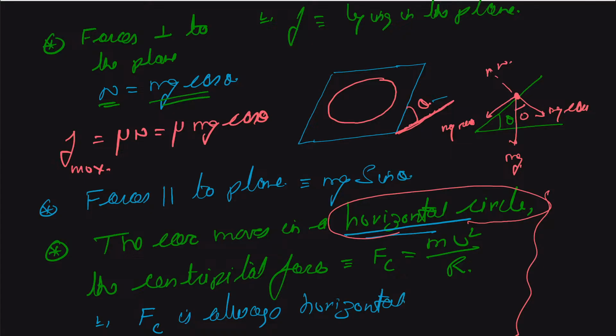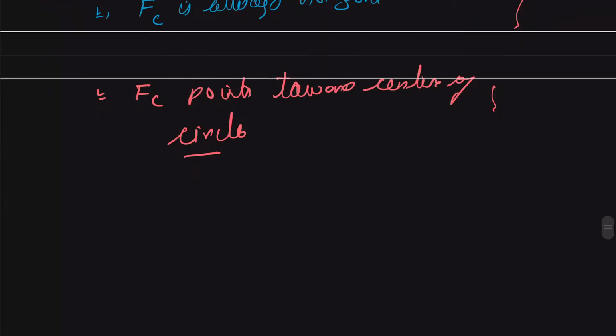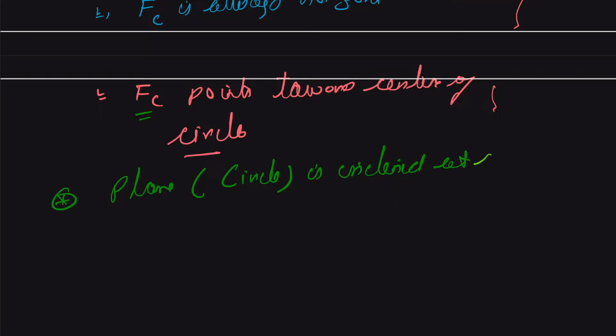And so now we come to the given problem and we are going to solve it for this centripetal force. Okay. So we know that the plane in which we have a circular path is inclined at angle theta. Okay.